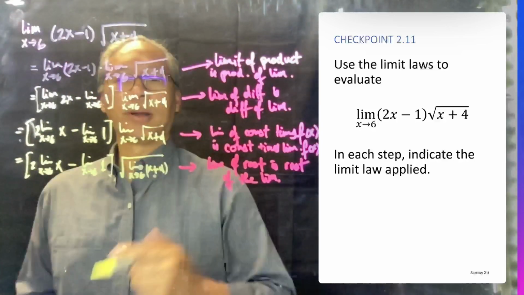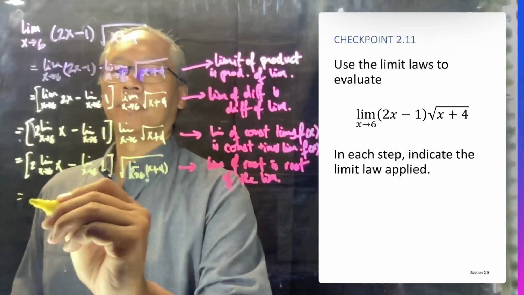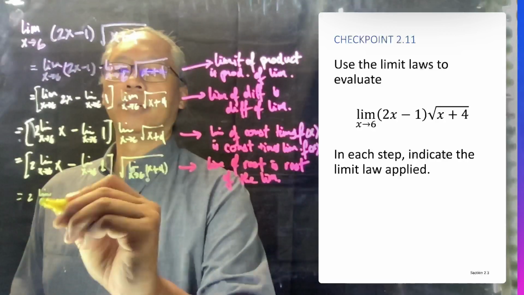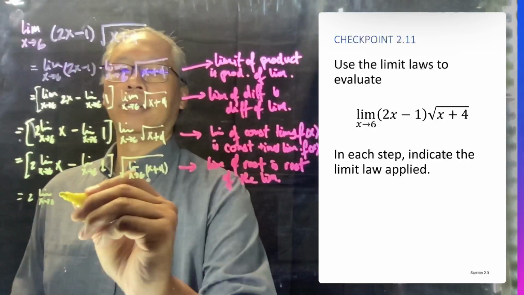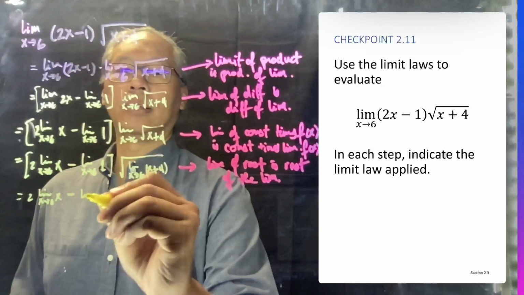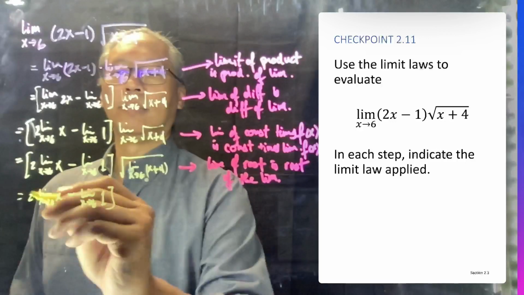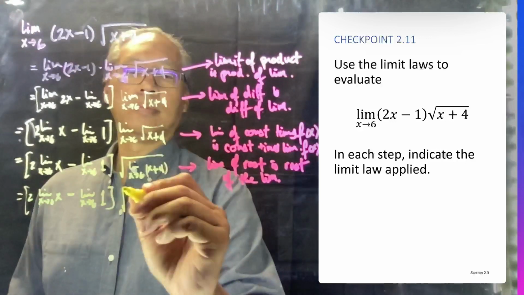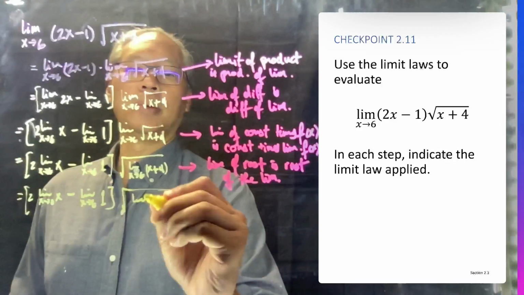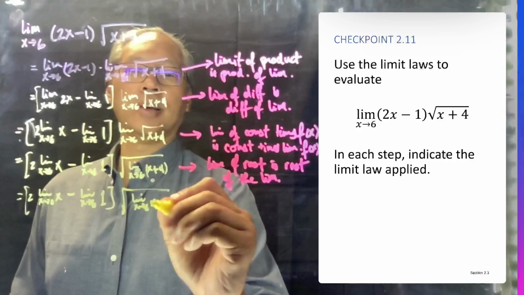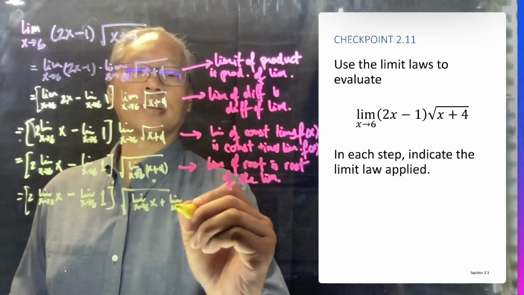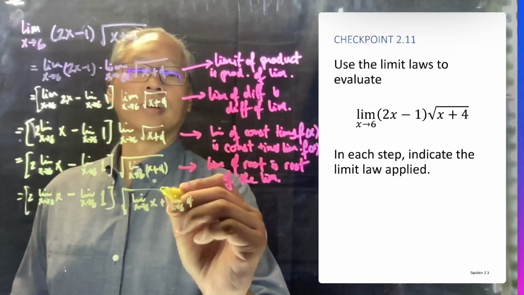And then now we can break this up as well. So 2 times limit as x approaches 6 of x minus limit as x approaches 6 of 1, times the square root of limit as x approaches 6 of x plus limit as x approaches 6 of 4.